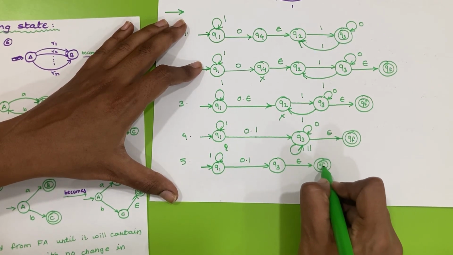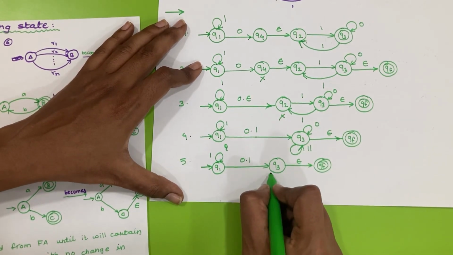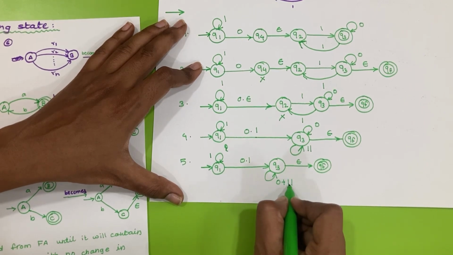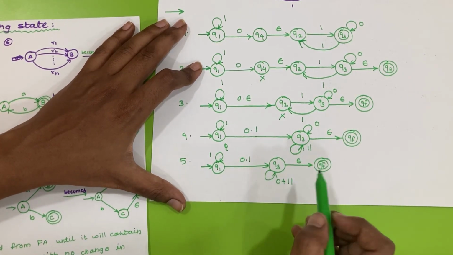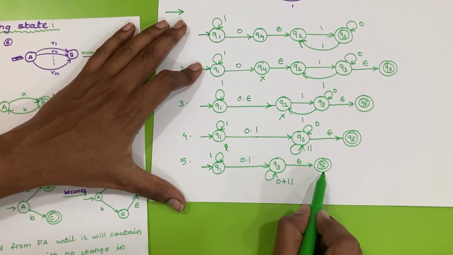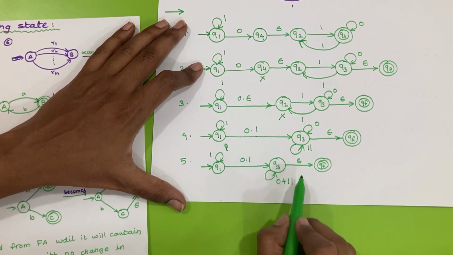This is QF, empty. So here these two will be written as 0 plus 1 1. Now we will remove this state because we want only initial and final state, and no more refinements are needed in case of transitions.